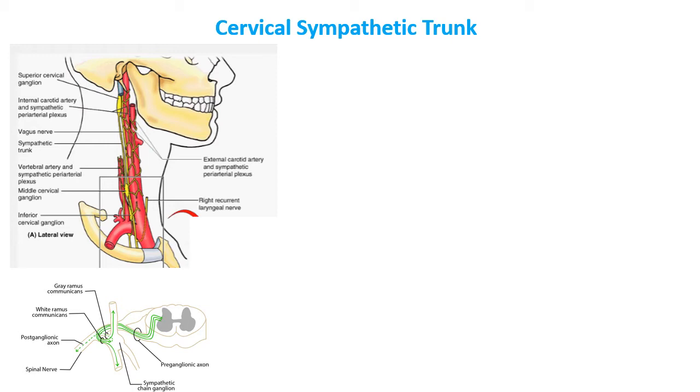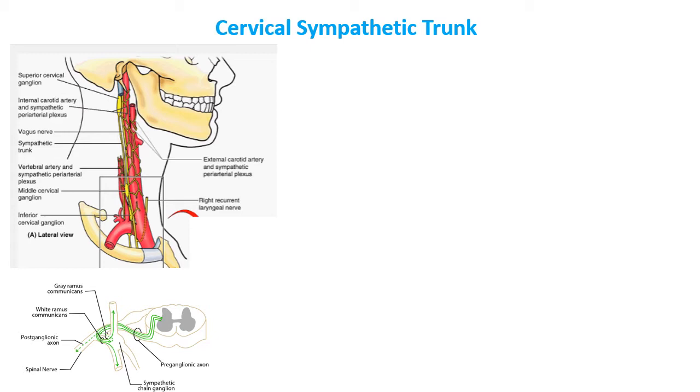In the emotional aspect of it or the fear aspect of it, the response can be generated by the body. So for that, we have this sympathetic outflow, and we get this outflow through the sympathetic trunk.